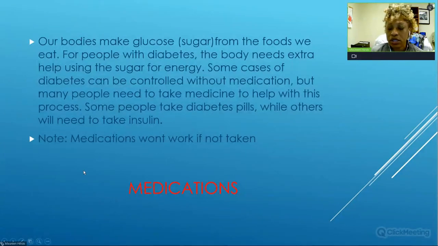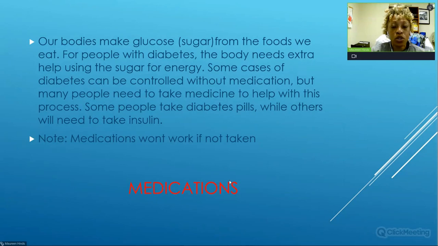All right. Medications. The next area, the last area actually. Our bodies make glucose, right, from the foods that we eat. So when we eat, food turns to sugar or glucose and it ends up in our blood. And that's not where we want the glucose to stay. High blood sugar is an issue, right?